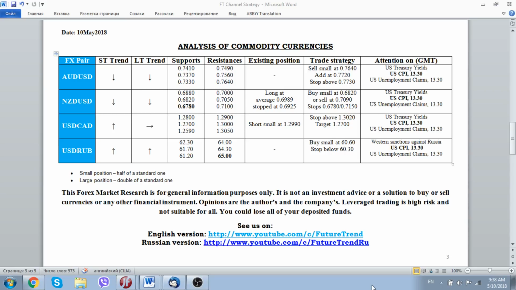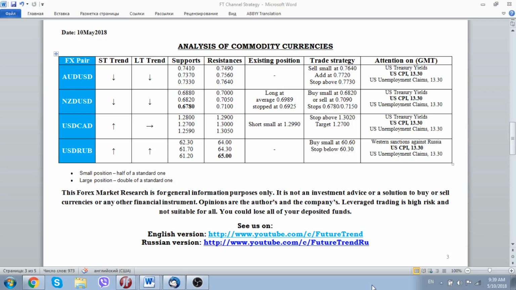From that point of view, we see that the yield of United States government papers is on a rising path, and the market starts to reevaluate the situation with interest rates in the United States, expecting that the Fed will be more aggressive in its efforts to hike the rates.